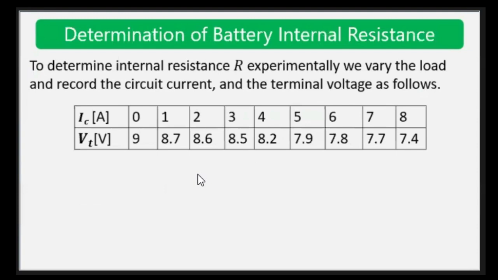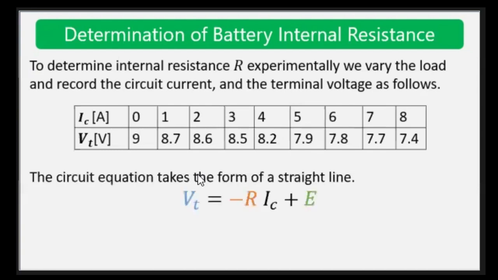Now, if you know how to calculate the internal resistance, you plot this curve, and the slope of that curve is going to be the internal resistance. We can even say VT is equal to minus R into IC plus E. This is the equation that we have seen in the last lecture.